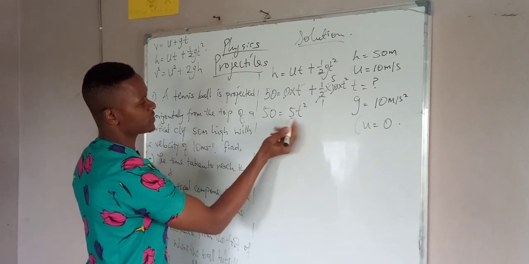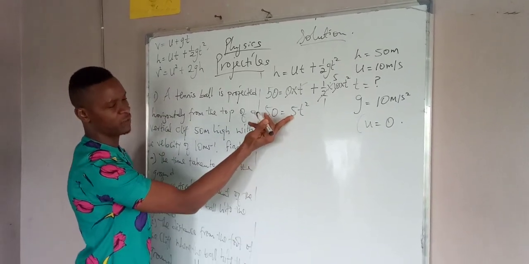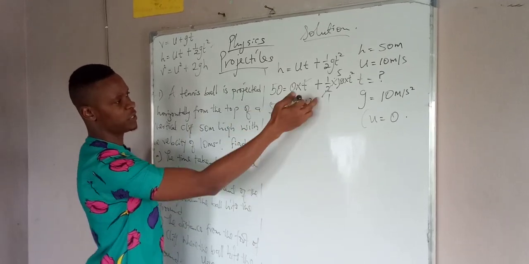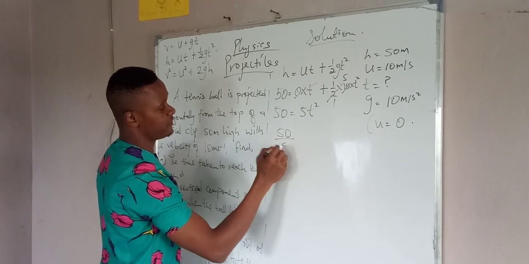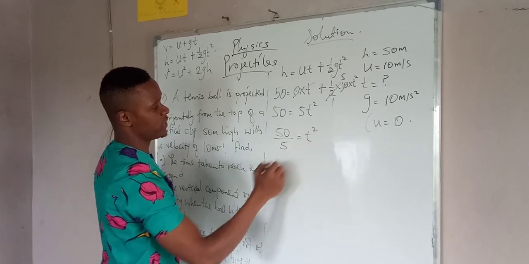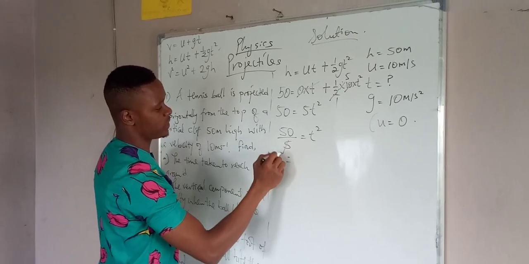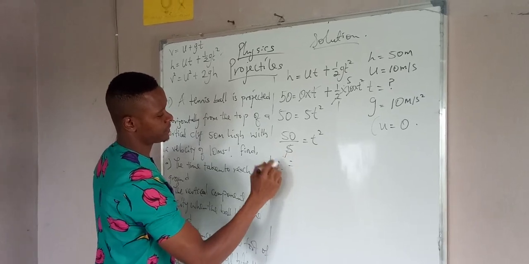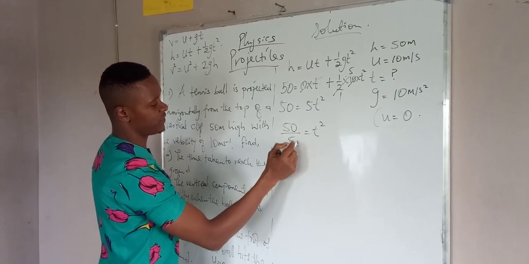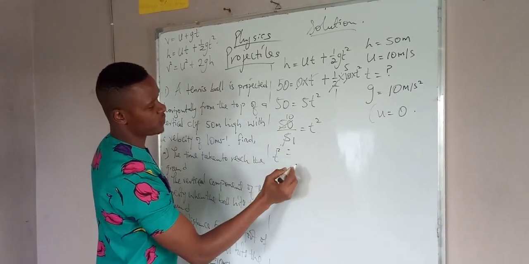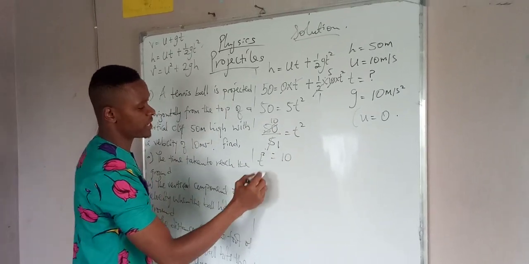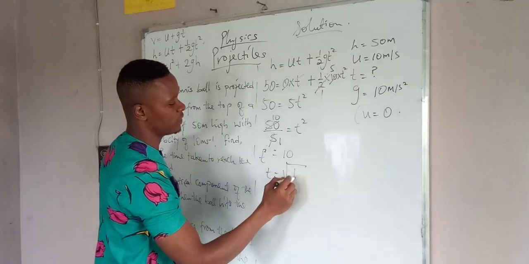Moving the coefficient of t squared to the other side, that gives us 50 over 5 equals t squared. Therefore, t squared is 10, where t alone is the square root of 10.